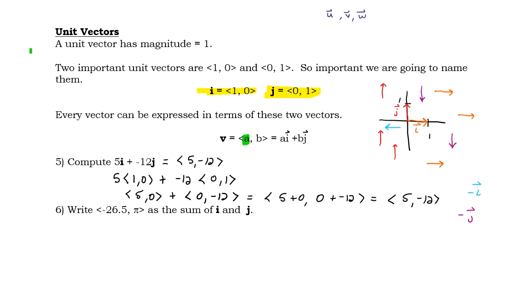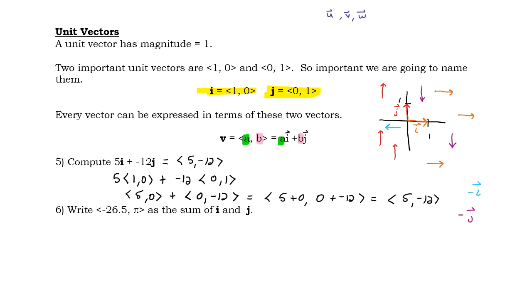If we have a units in the x direction, we're going to multiply that number by the vector i. If we have b units in the y direction, we're going to multiply that by the vector j. All right, so let's write the vector negative 26.5, pi as the sum of i and j.